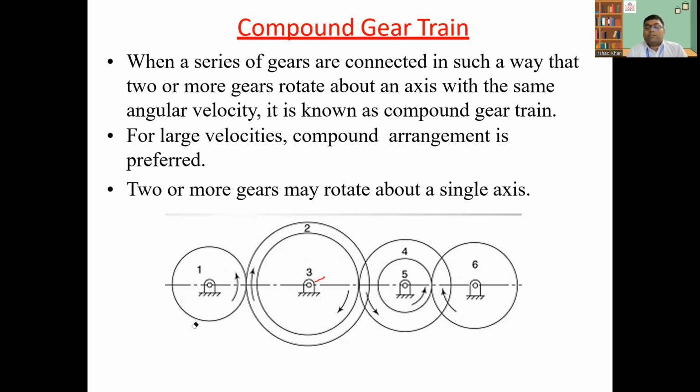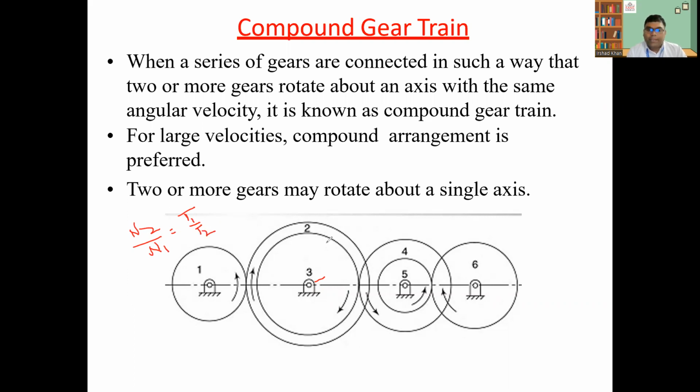Now we calculate the train value. What we did in the last slide, here we will do the same. Gear 1 is attached with gear 2, so the train value is N2 upon N1 equals T1 upon T2.